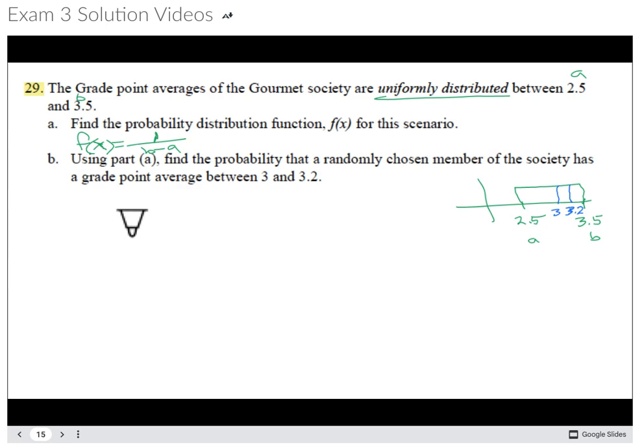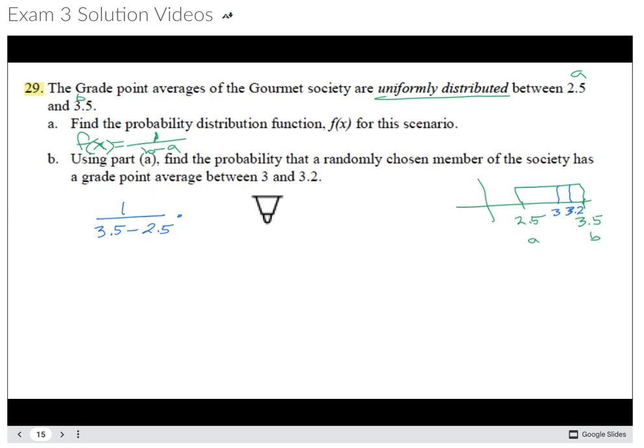And so that area is the base times the height. What's the height? That's the function value here, 1 over B minus A, which is 1 over 3.5 minus 2.5, in this case, which gives us just 1, right? That's 1 over 1.